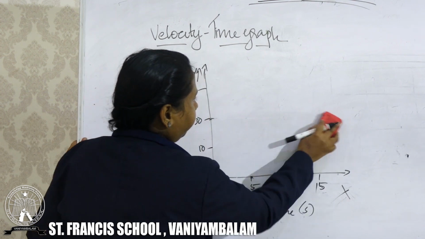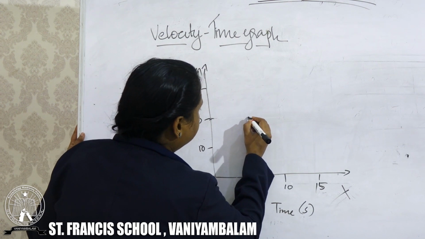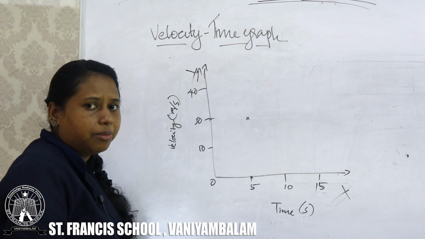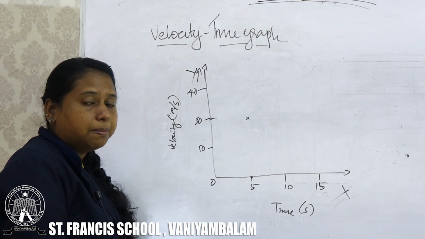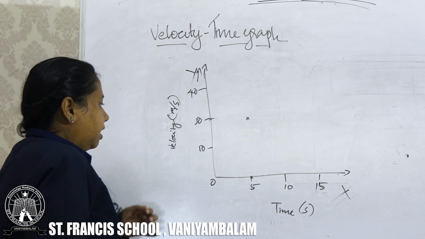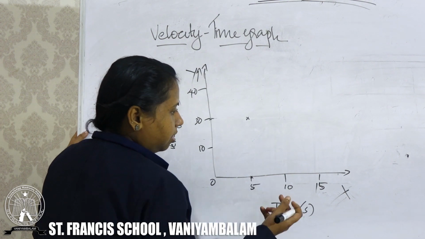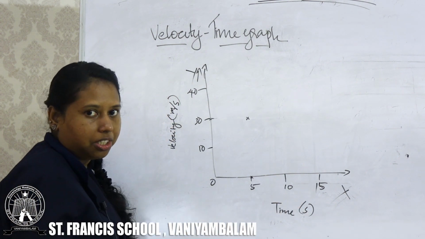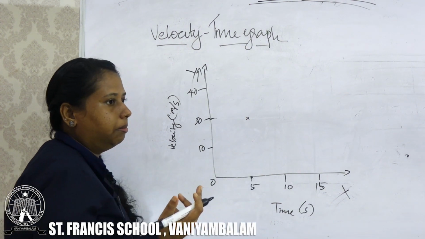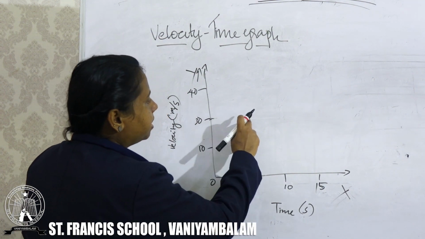Look at the board. First is 5 seconds. What is meant by velocity? Don't forget, it is speed with direction. So in the first 5 seconds, by using the speedometer in your vehicle, you are seeing that the speed of the vehicle, that car or bike, is 30 meter per second.